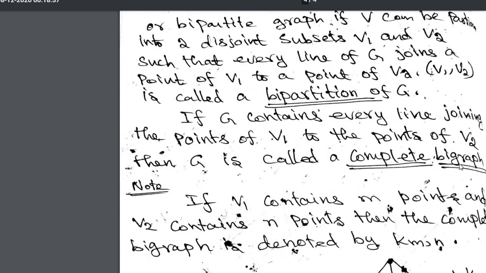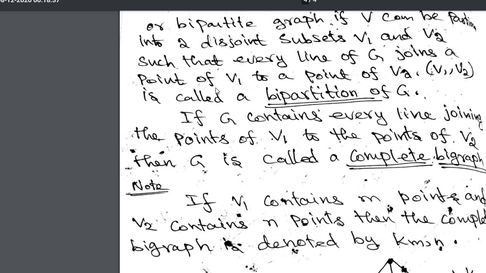Another one is the complete bigraph, or complete bipartite graph. Bipartite graph and bigraph all represent the same concept. If G contains every line joining the points of V1 to the points of V2, then G is called a complete bigraph.